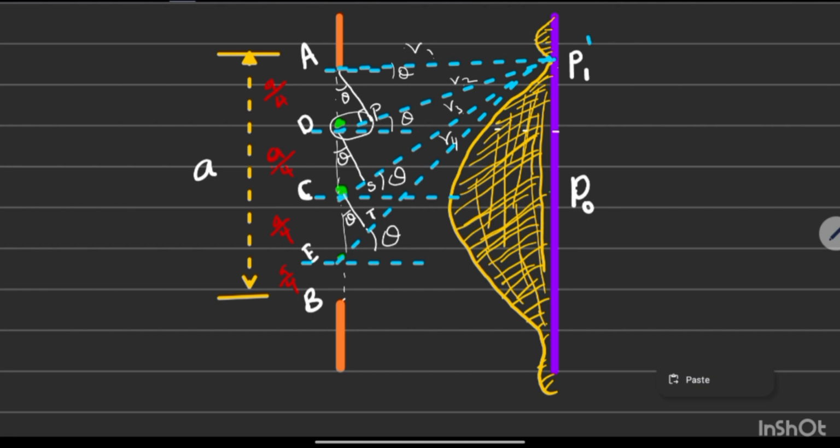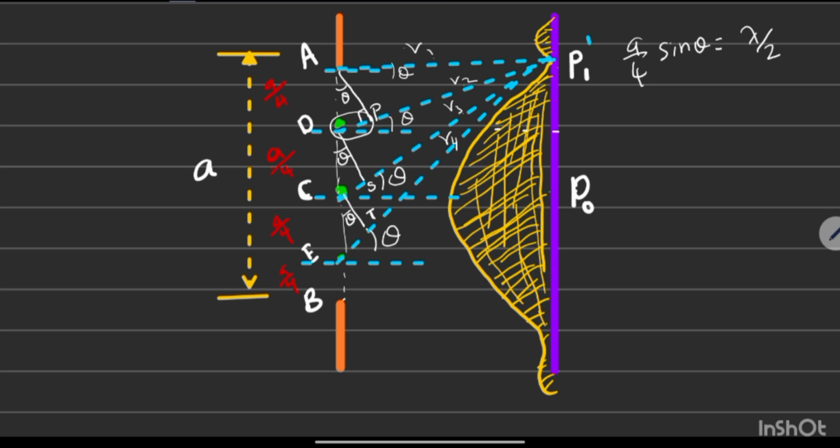Okay, so A by 4 sine theta will be equal to this path difference, that should be lambda by 2. Since all of them are reaching P1, P1 is the point of minima, and the path difference between these two should be lambda by 2.